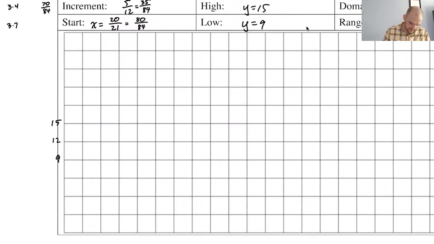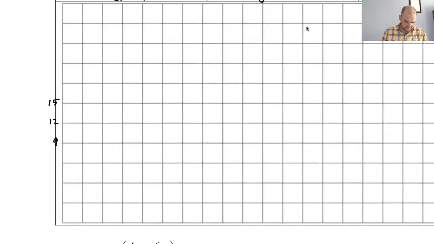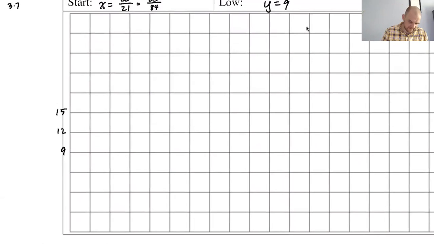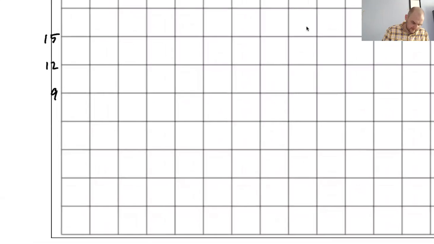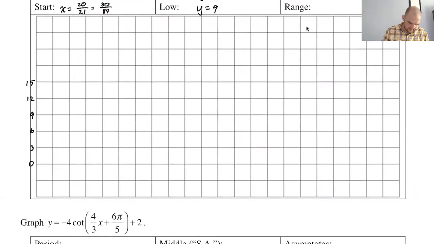So that would give me 1, 2, 3, 4 above, and then 2, 3. Whatever. I moved it. There was no reason to. All right. But actually, I'm going to move it back up so that I can get to 0. So that'll be 6, 3, 0. All right, so 0 is down here. I'm going to put in an x-axis.